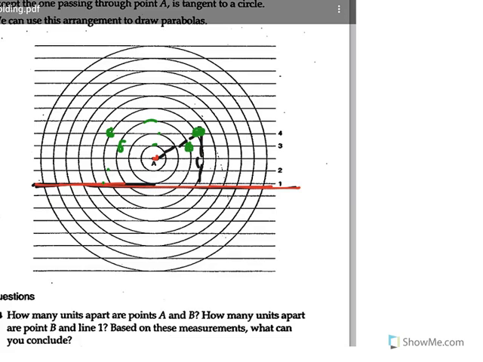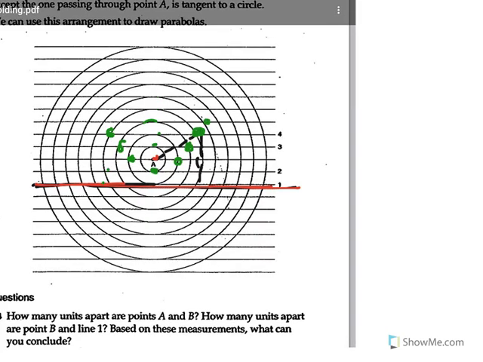But there's also points that are 2 away from A and 2 away from line 1. Those are on the second circle and the second line. And there's even a point that's 1 away from A and 1 away, which is over there.